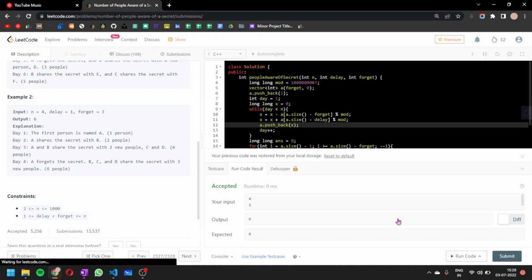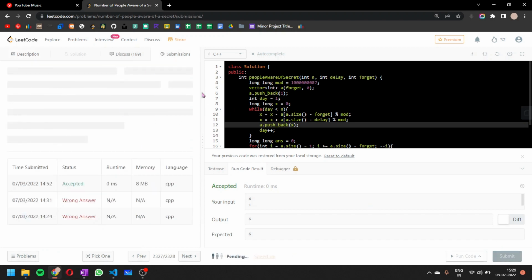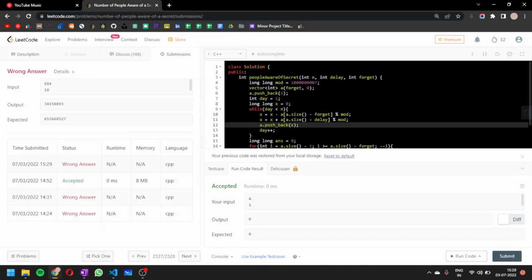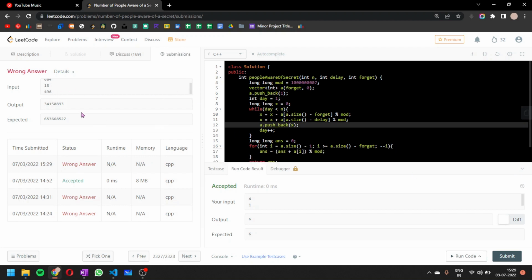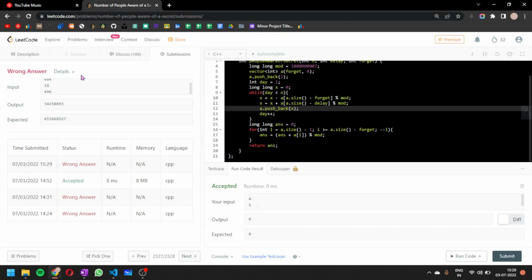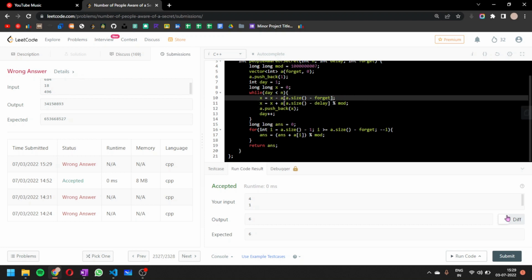If we now try to submit it, it will give us wrong answer. It is giving us wrong answer for this test case, and it is because we are possibly getting a negative output, or our output is getting out of the int range.